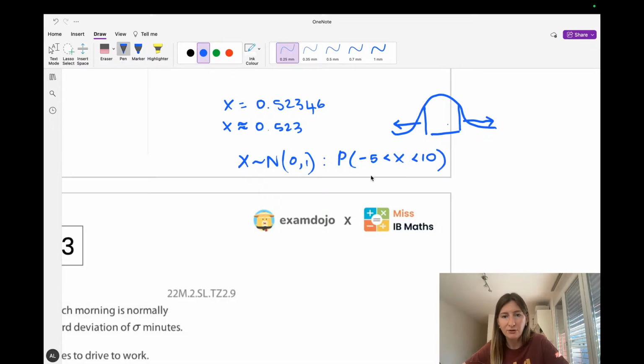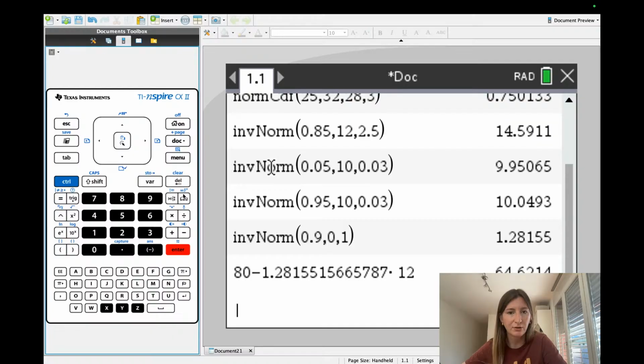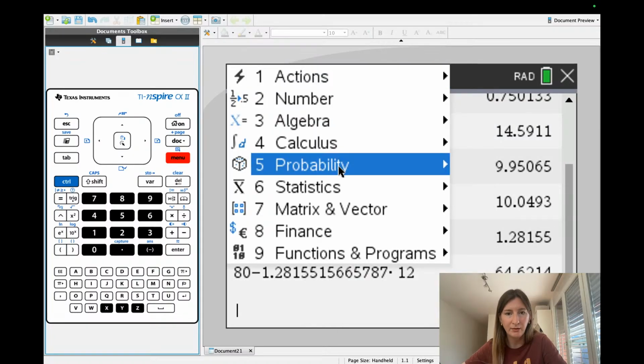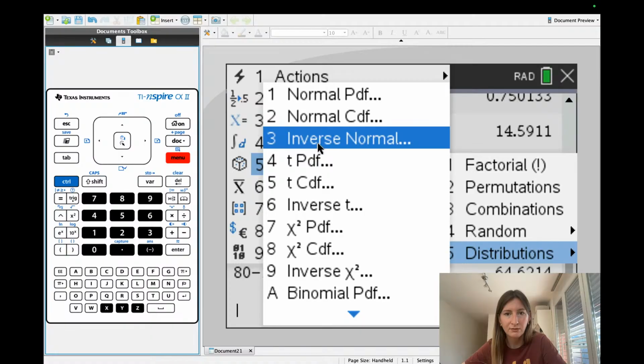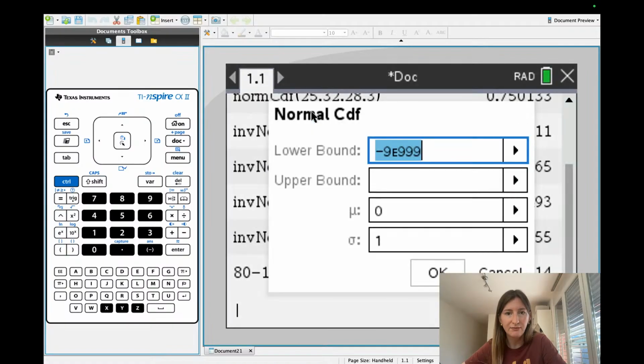All right, and if you're doing this one, click center. I think what I remember is that you have to tell the calculator where it needs to calculate it from. So see if you can answer this question and find the center. I'll do the same, and then I can show you what the answer would be, and we can compare. So we wanted normal CDF. Was that a normal CDF or was that an inverse norm?